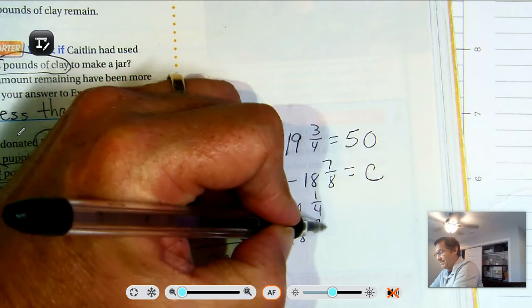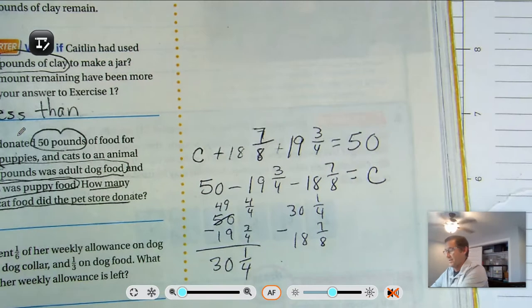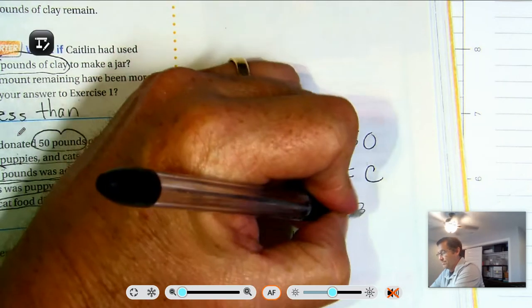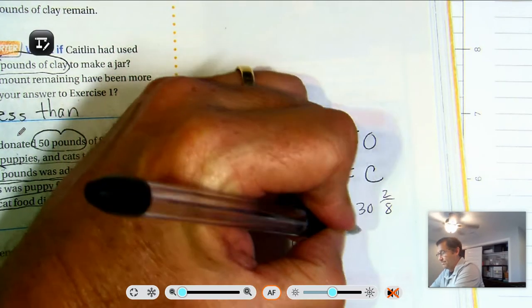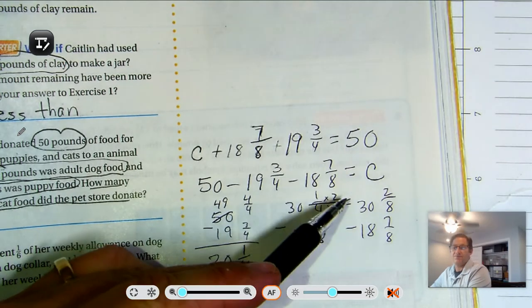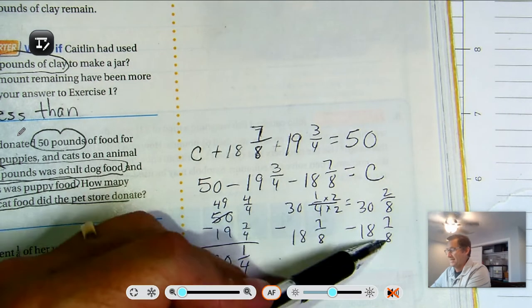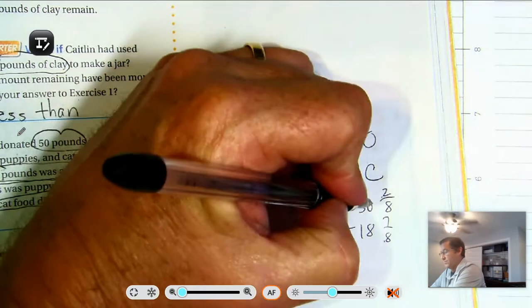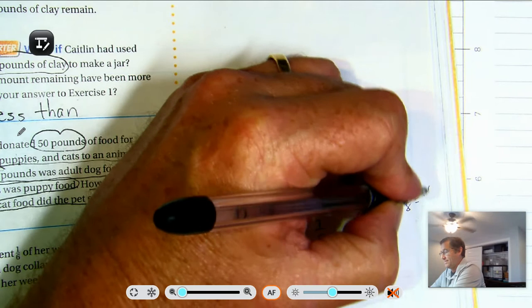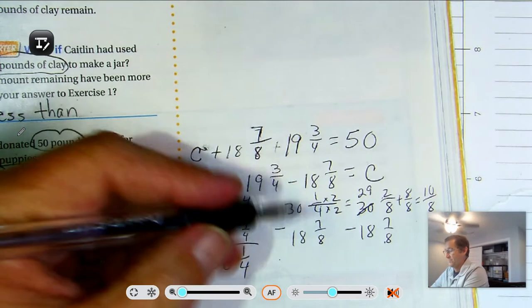We have to subtract 18 and 7/8. I can make fourths into eighths by multiplying by 2. All right, so we have 18 and 7/8 taken from 30 and 2/8. Well, we can't take 7/8 from 2/8. So let's rename the 30 as 29 and add 8/8. So that's going to leave us with 10/8.